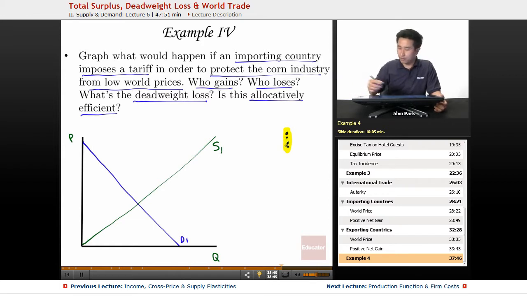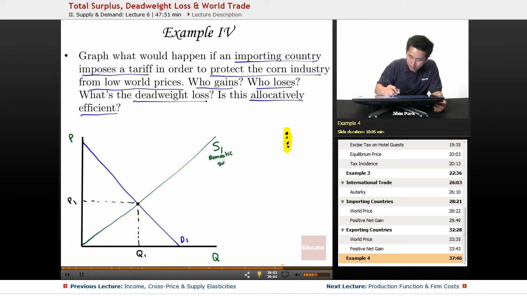Not the best looking corn, but that's a visual here. So you have the equilibrium quantity and the equilibrium price there. And once again, this is the domestic supply. And here's the domestic demand.